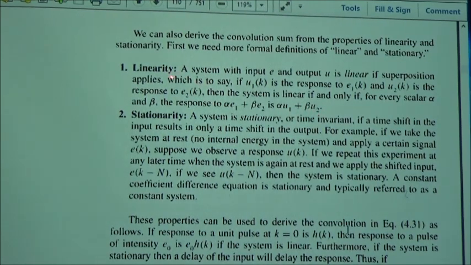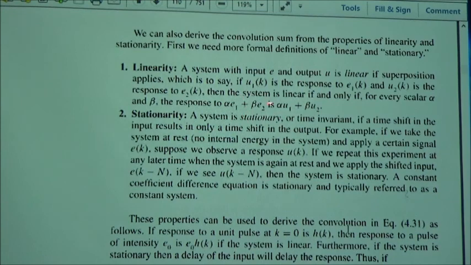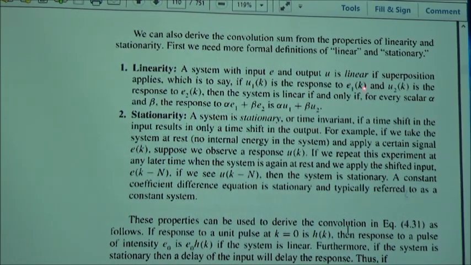So as long as this concept holds true for your input-output relationship, your system is going to be linear and superposition holds.